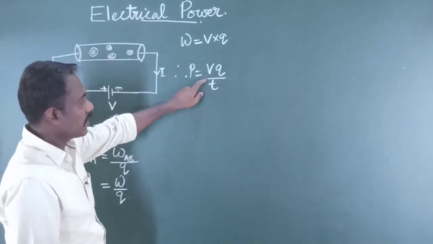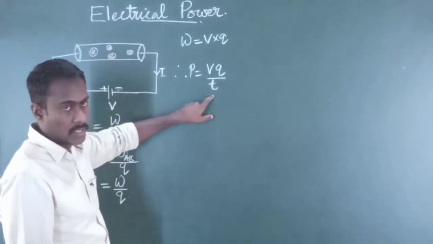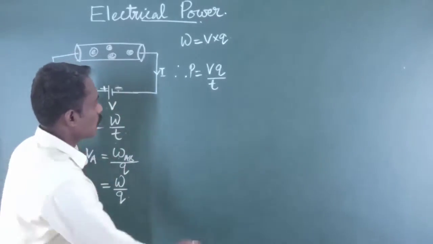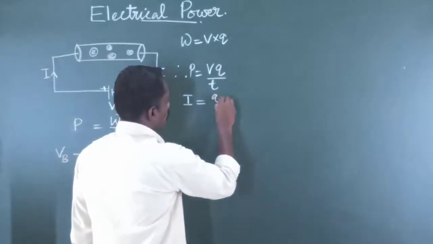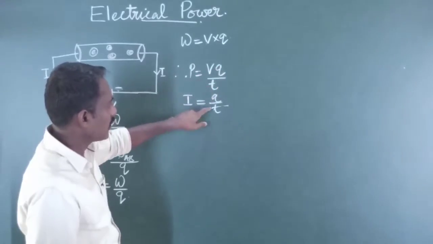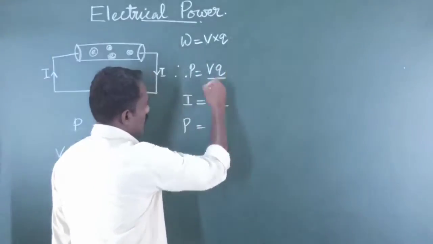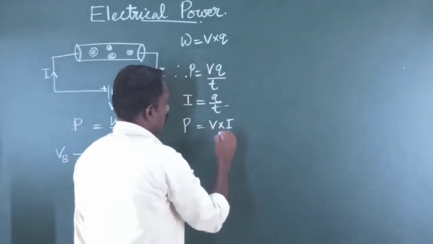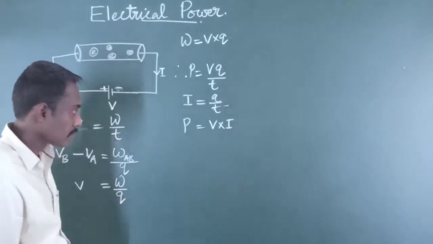It is the charge moved per unit time along a conductor, which is known as electrical current: I is equal to Q divided by time. Substituting I for Q by t, the equation can be rewritten as P is equal to V into I.